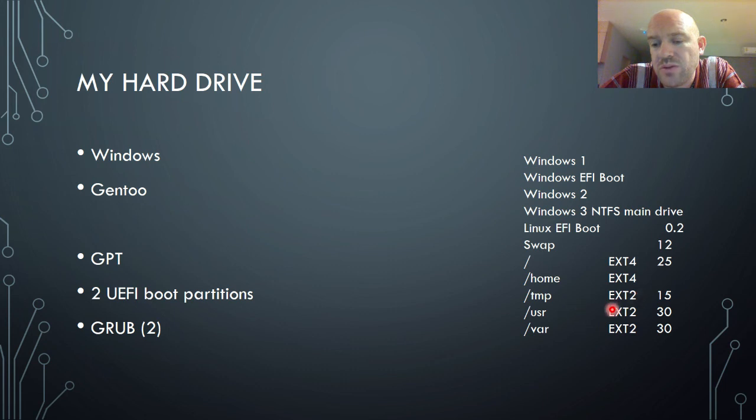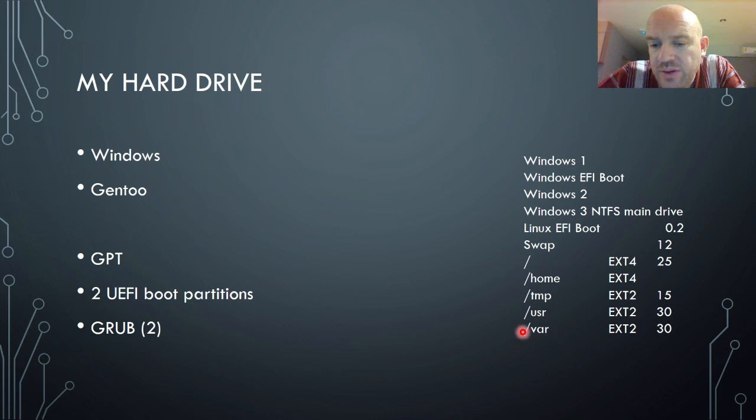Maybe that could potentially make it faster too, but I could mount it as read-only sometime in the future if I want to, once I have my system up and running in the way that I want it to be. So that's why I want to keep this separate.